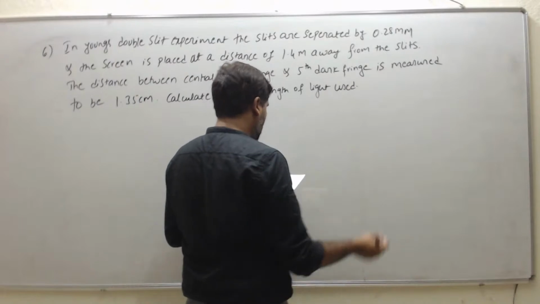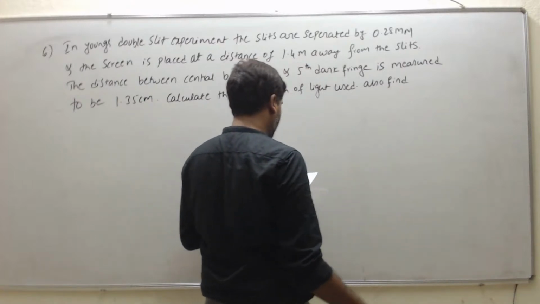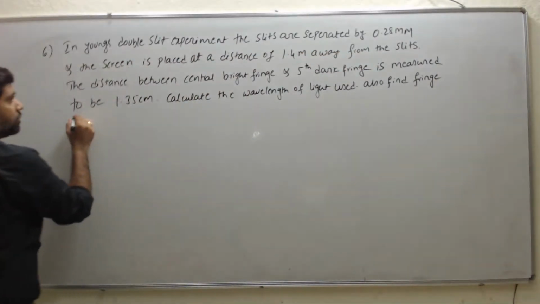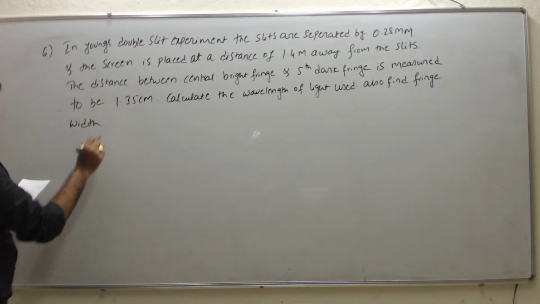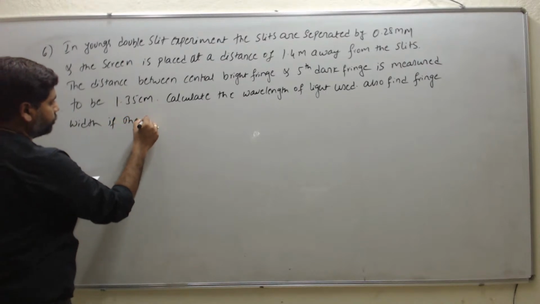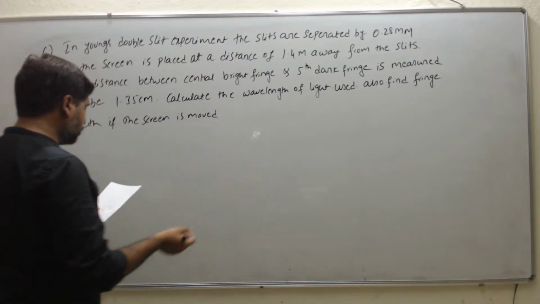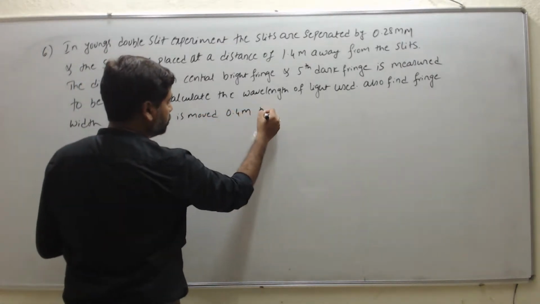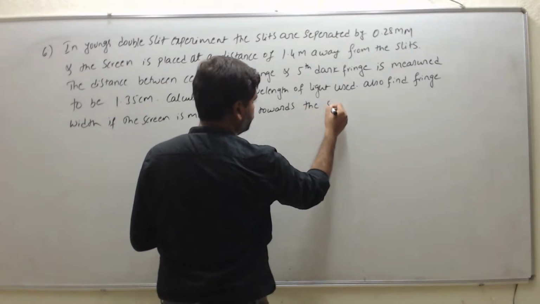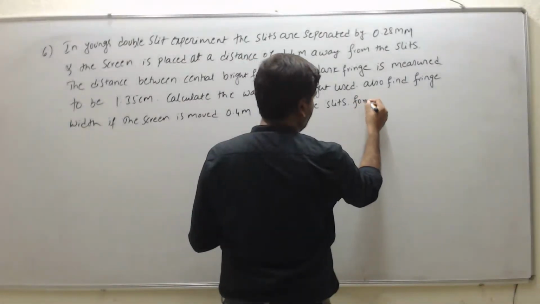Also find the fringe width if the screen is moved 0.4 meter towards the slits, for the same experimental setup.